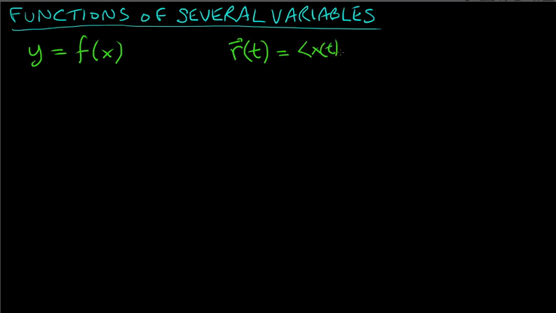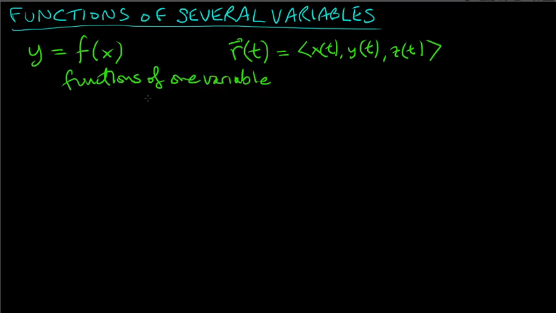It can have two components, x and y, or three components, x, y, and z. But it's still a function of only one variable, one parameter, which we usually call t, although we can also call it s, for the arc length parameter. So these are examples of functions of one variable. And that's all we've seen so far.